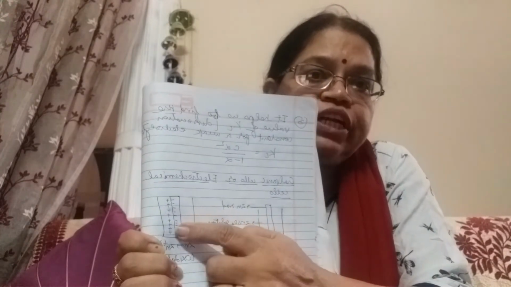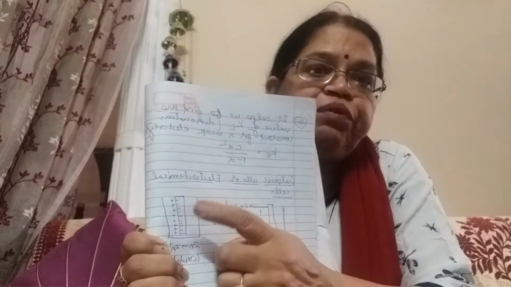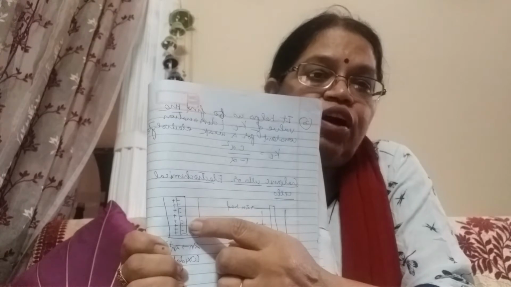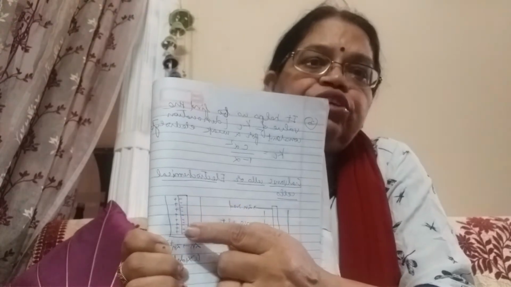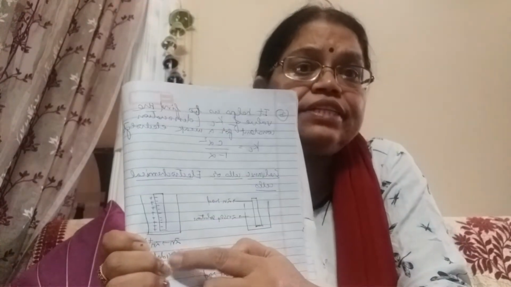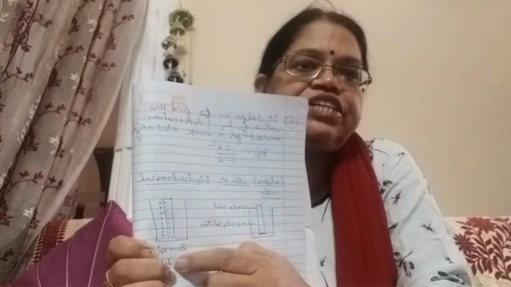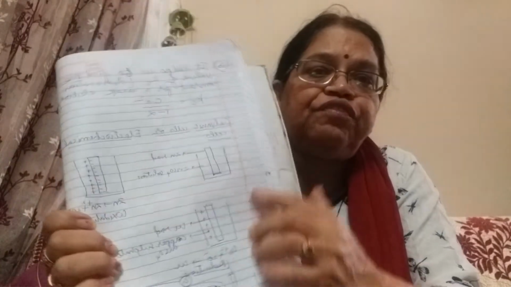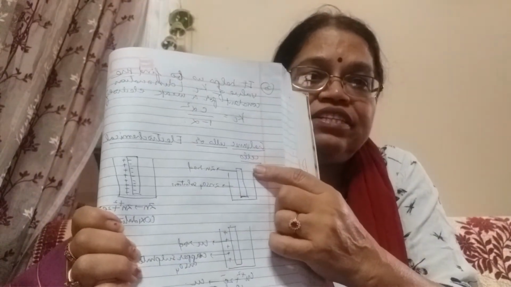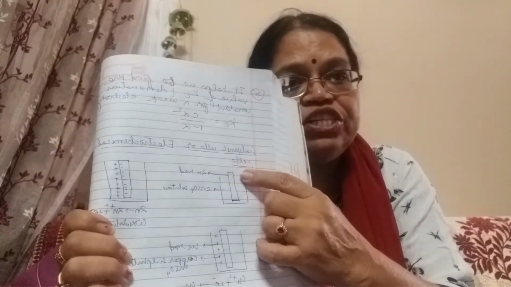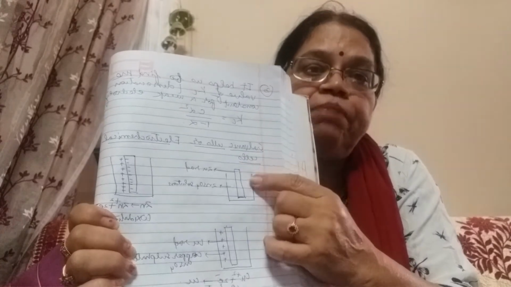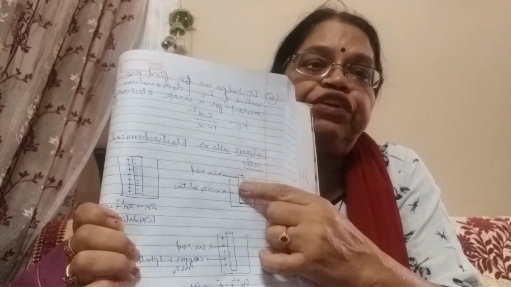That means a potential difference is set up between the metal and the solution of its own ions, and since zinc is being oxidized, we will call it oxidation potential. Similarly, if you have a copper rod, copper ions will get reduced, so again a potential difference will be set up between the metal and the solution of its own ions.